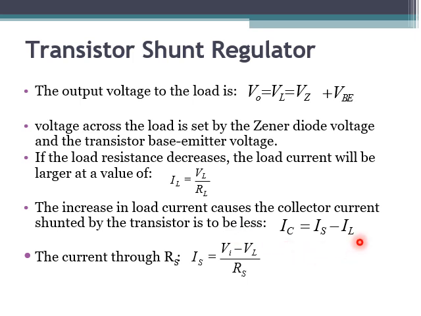You write simply Kirchhoff's current law. The current through RS is IS equal to VI minus VL over RS, that is, I equal to V by R: input voltage minus load voltage over RS. Clear?